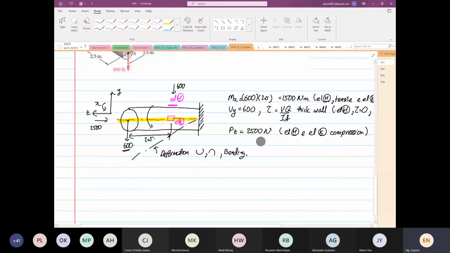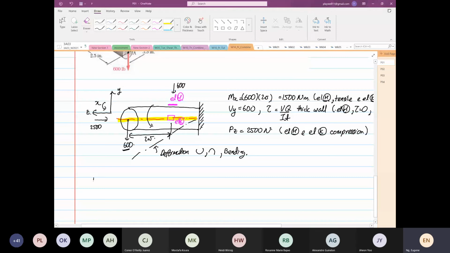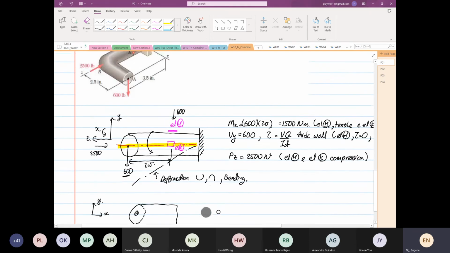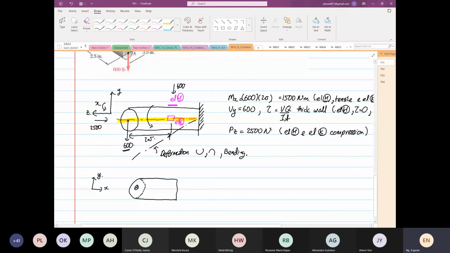So the next view I'm going to do, this is X and this is Y. So I'm going to view it this way. So what we see now is this. And then there is a cross at this point, and the cross is going in by 2,500.